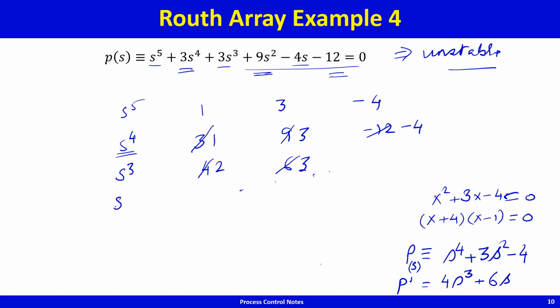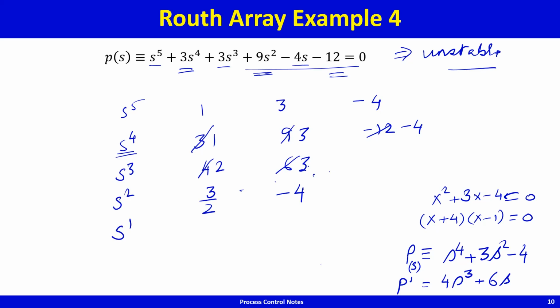Therefore the s square element here is 2 3s are 6, 6 minus 3 divided by 2, so that's 3 by 2, and this is 2 minus 4, so this is going to be minus 4, and s to the power 1 is going to be 3 by 2 into 3.